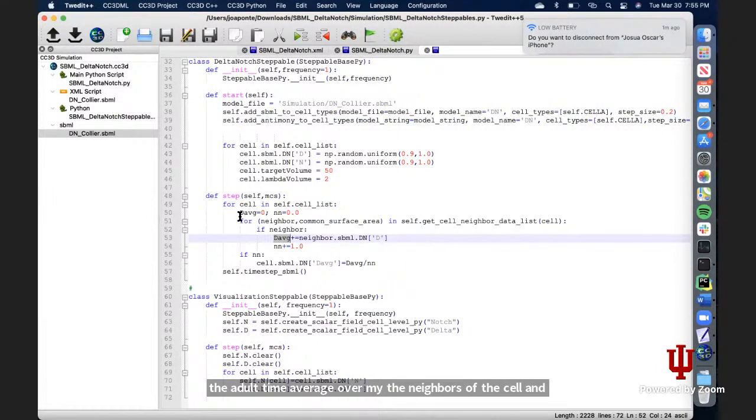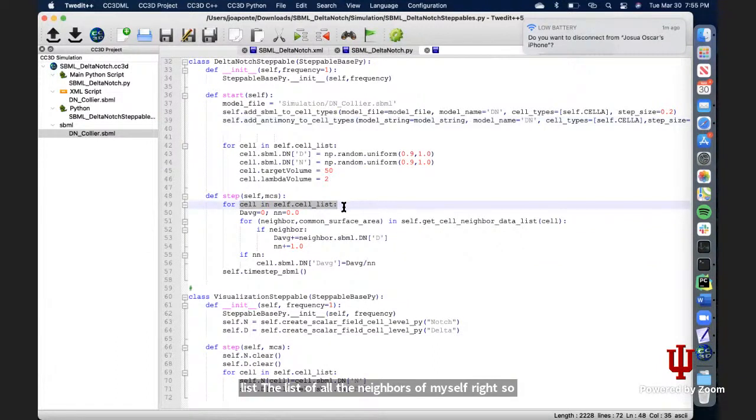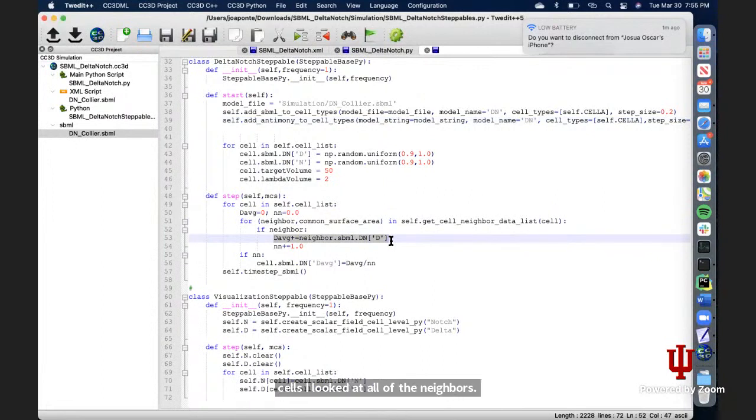I iterate through my neighbor list, the list of all the neighbors of my cell, and collect how much delta each of those neighbors has.